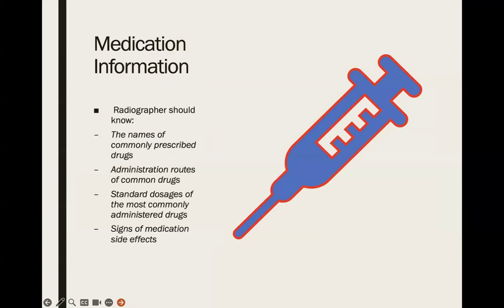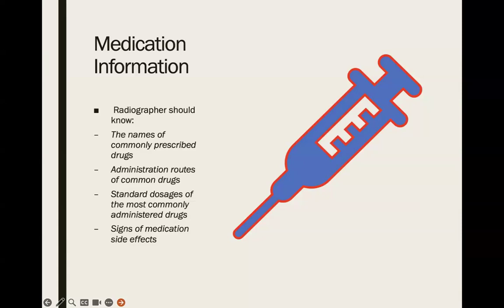With us administering medications, or radiographers administering medication, there are a couple of things we should know. We kind of just talked about this. We should know the names of some commonly prescribed drugs. So some names of common diabetes medications, some names of common high blood pressure medications, blood thinner medications. We should be familiar with those.